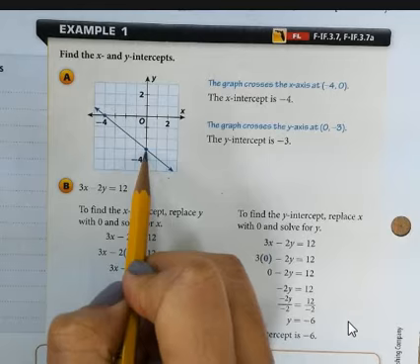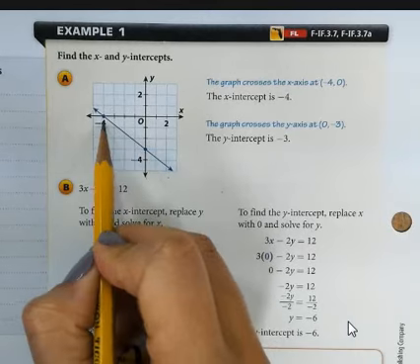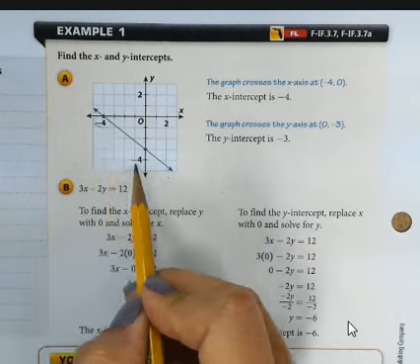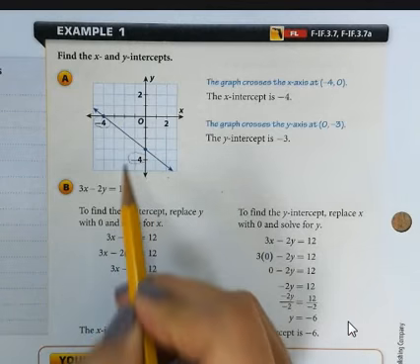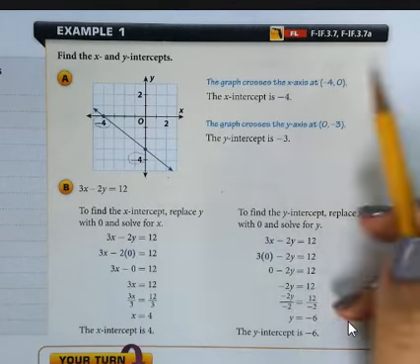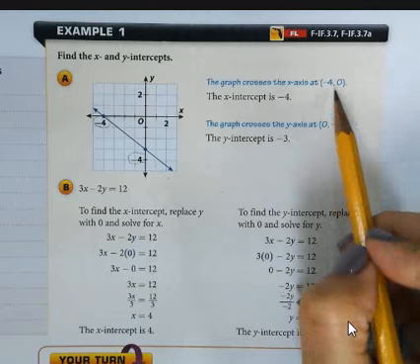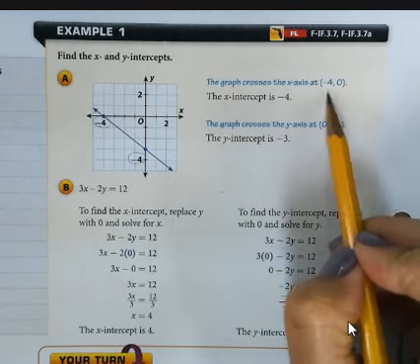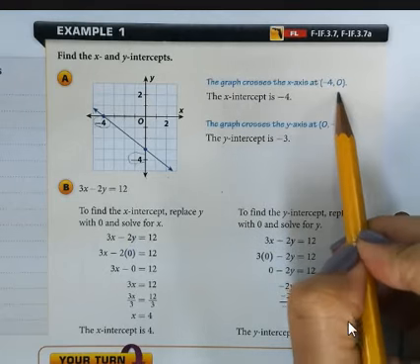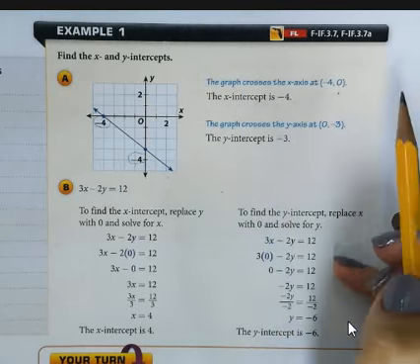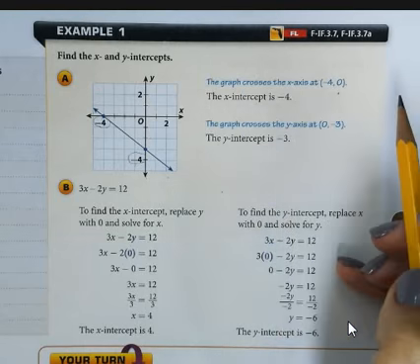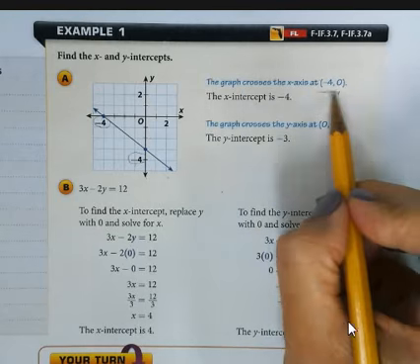Notice it's telling you that the graph is crossing the x-axis at -4, 0. Whenever you are asked to write your intercept as an ordered pair, this is what you want to show. If you're talking about the x-intercept, your y is equal to 0. When you're talking about the y-intercept, your x is equal to 0.